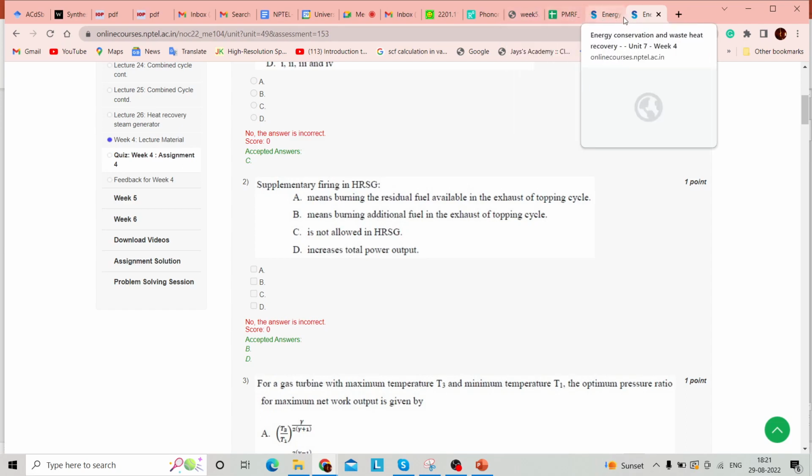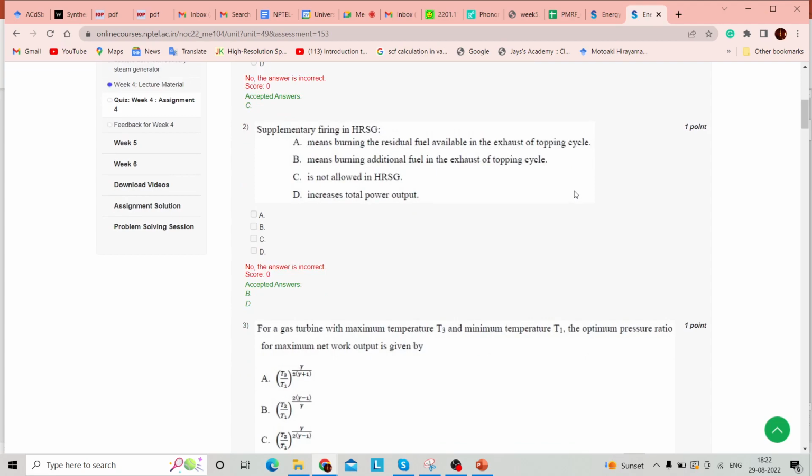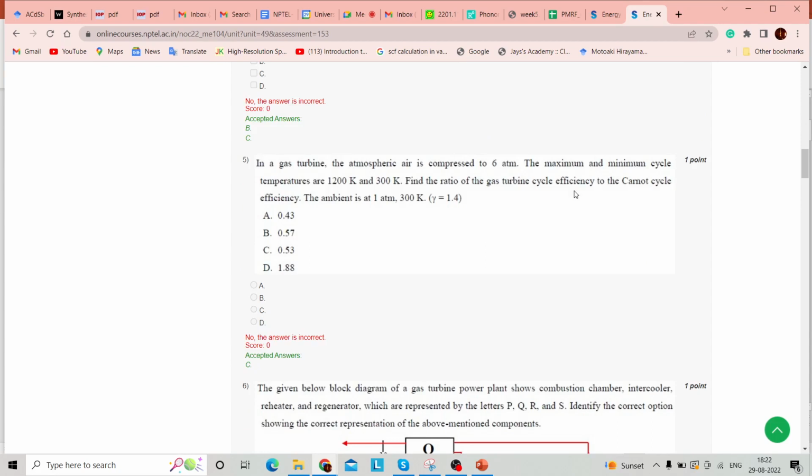Then one more thing, ma'am. The same kind of question in assignment 4, problem number 5. In a gas turbine, the atmospheric air is compressed to 6 atmospheres, and the maximum and minimum cycle temperatures are 1200 and 300 Kelvin.